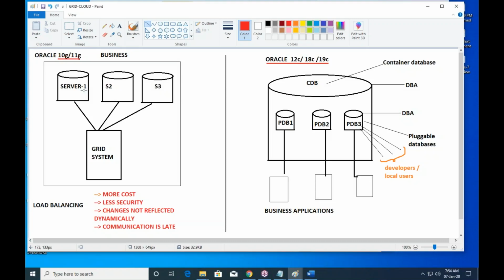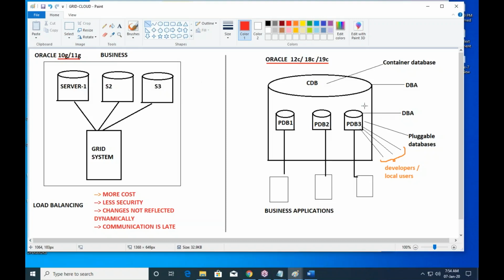For every branch, 5 branches means 5 database servers. 100 branches means 100 database servers. Understand? But Oracle 12C onwards, I am explaining about 12C, 18C, 19C, all are cloud databases only.